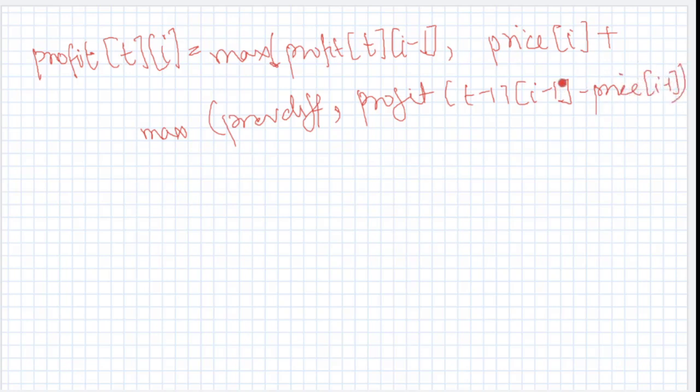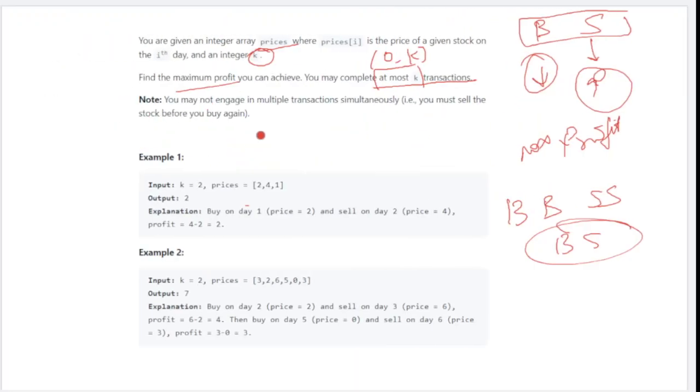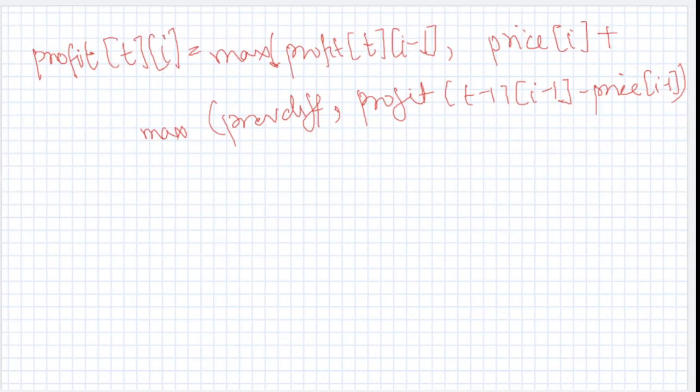So this is how you can get the actual profit. This removes the extra loop and makes it quite easy. Now let's see the second one also. I'll explain that too in a different way.